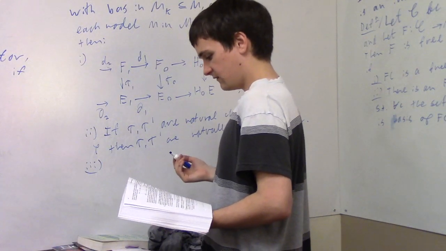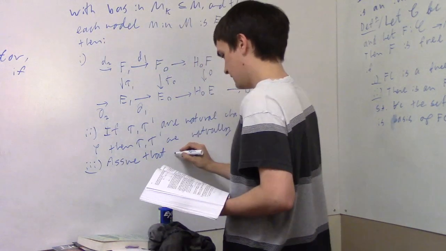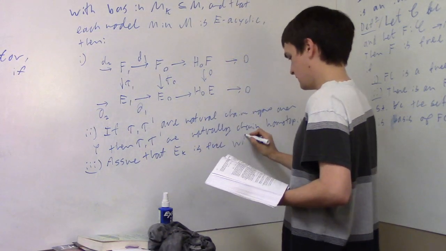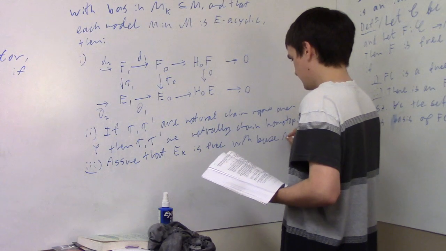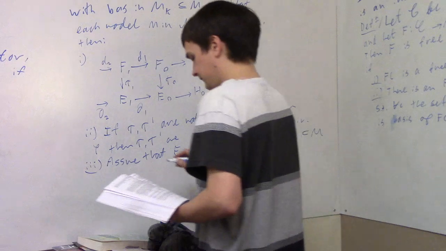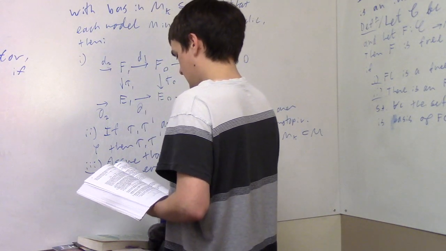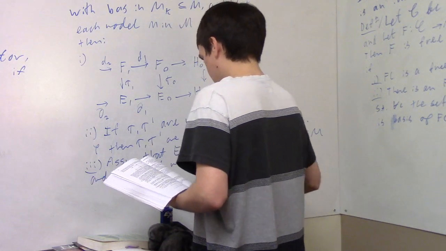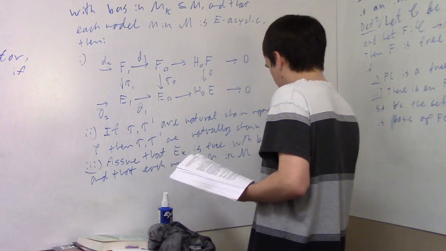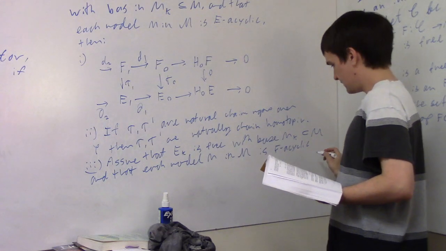Assume that E sub k is free with base M sub k contained in M, and that each model M in fancy M is F-acyclic.